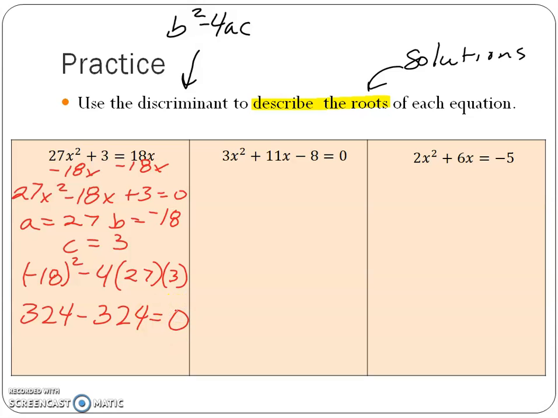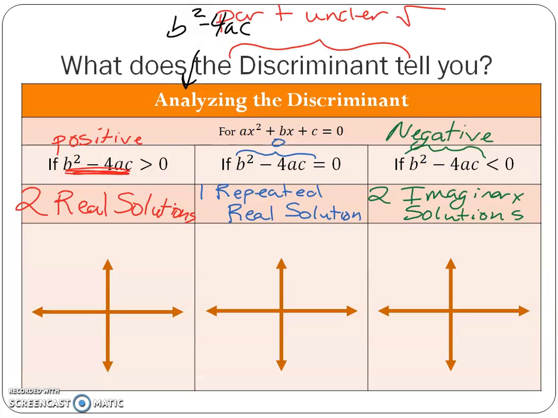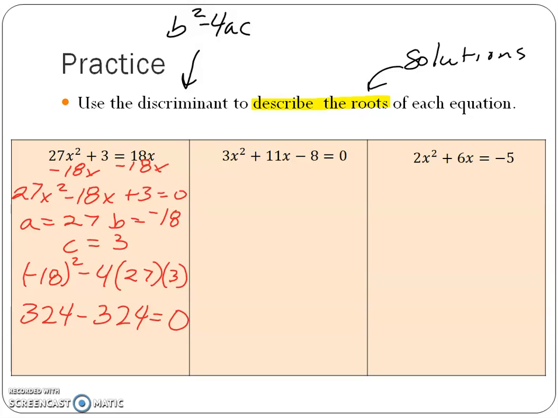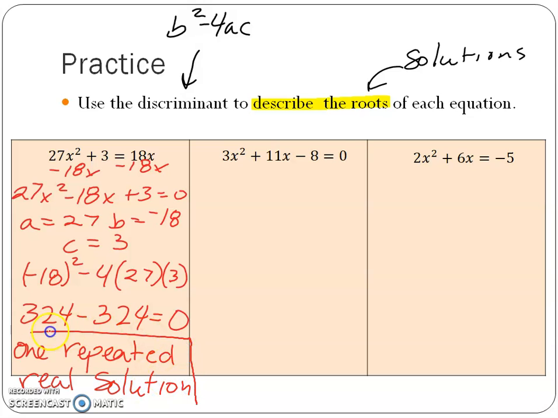Now, if that equals 0, what's our answer? Well, when our discriminant equals 0, your answer is that it has one repeated real solution. So my answer for this problem is one repeated real solution. And that's the answer. You're not given a number answer because all you're doing is describing the roots.